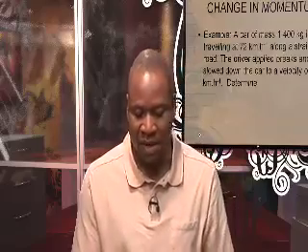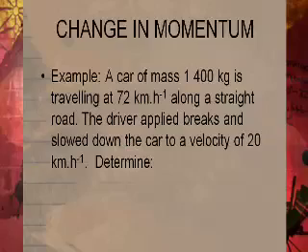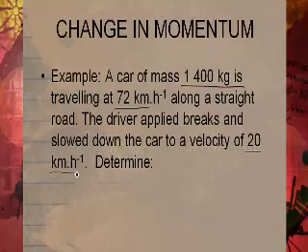Let's have a look at an example here. A car of mass 1,400 kilograms is traveling at 72 kilometers per hour along a straight road. The driver applies brakes and slows down the car to a velocity of 20 kilometers per hour. Determine, so we'll see what to do.